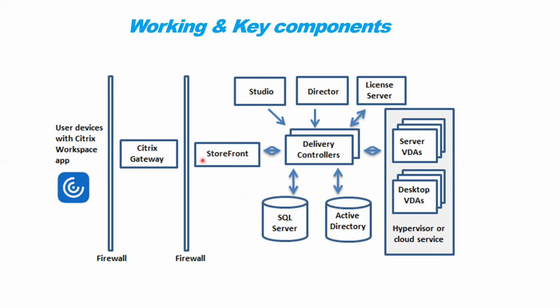Yes, yes, got it. Okay, so after entering the credentials and the security pin, again the request further goes to the delivery controllers, and from the delivery controllers, this particular request will be routed to the Active Directory server, and the Active Directory server will authenticate the credentials, whether those credentials are valid or not. Got it?